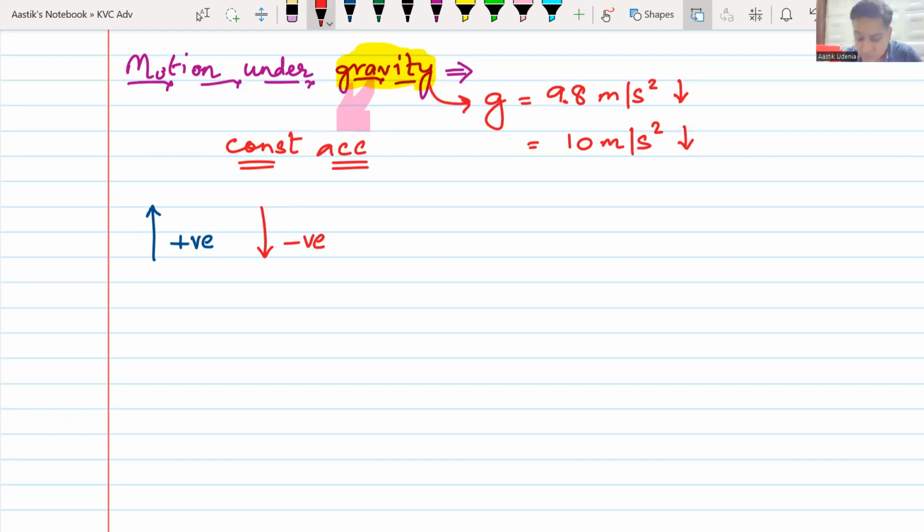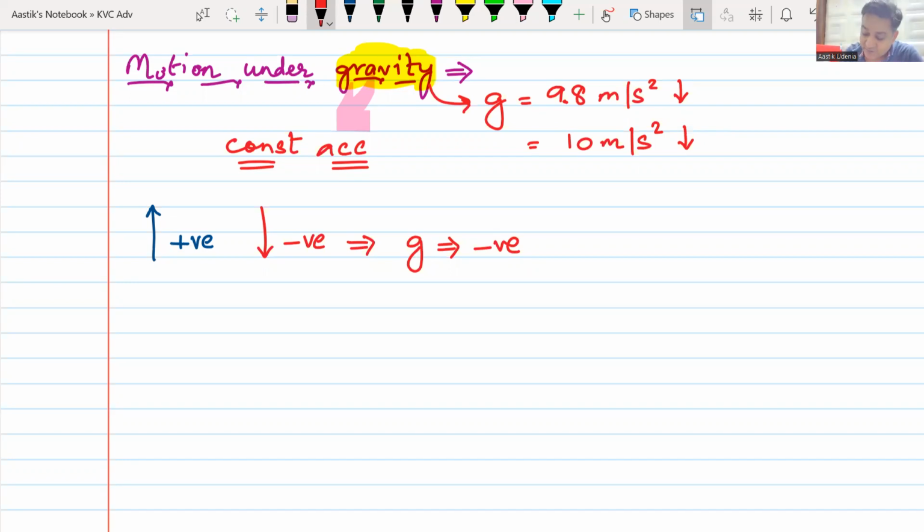No matter how I throw the ball, anything which is downward will be taken as negative. On that count, g will always be negative for us. Do we understand this? Because no matter how I throw the ball, whether I throw the ball up or whether I throw the ball down, g is always downwards.